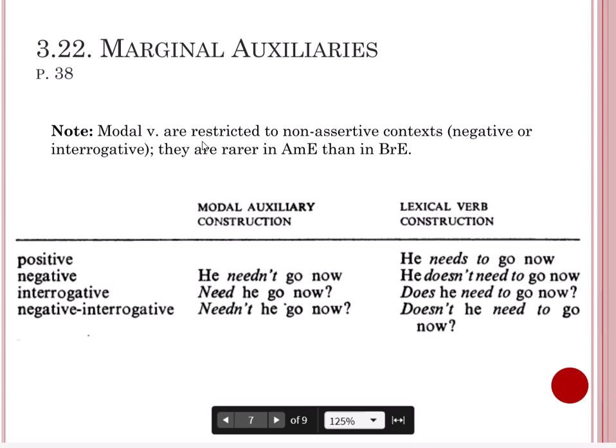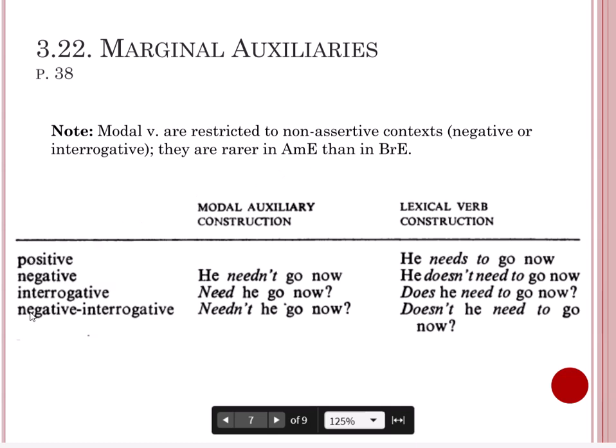Modal verbs are restricted to non-assertive contexts. This is important. Non-assertive, which means the negative and interrogative. And they are very rare in American rather than British English. In British, they are more likely to be used, but in American English, they are rarer, let's say, less commonly used.